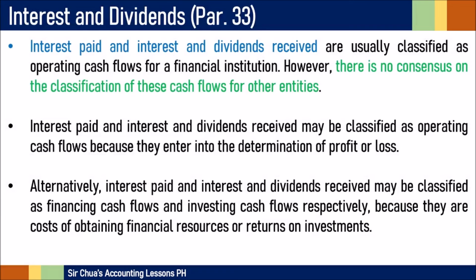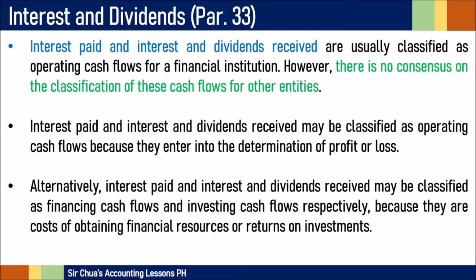Now, for interest and dividends, interest paid and interest and dividends received are usually classified as operating cash flows for a financial institution because, as you know, that's their main revenue generating activity. However, there is no consensus on the classification of these cash flows for other entities. So actually, the standard tells us that we have a choice in presentation.